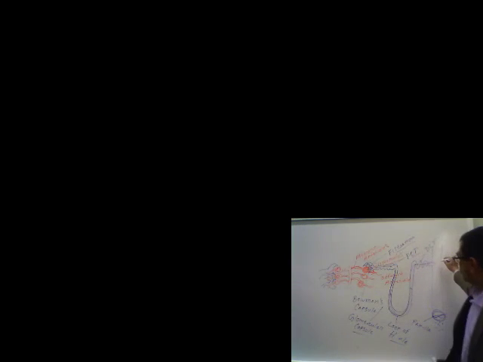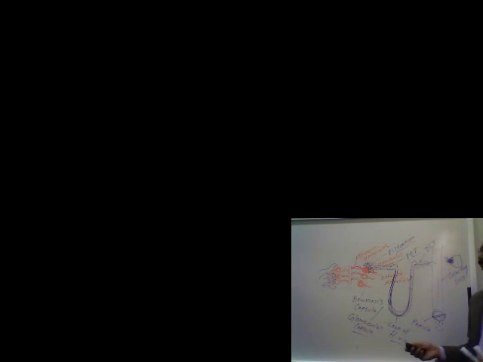Then the next part is the distal convoluted tubule. You see again this part is convoluted, so this is called the distal convoluted tubule. And this last part is the collecting duct.